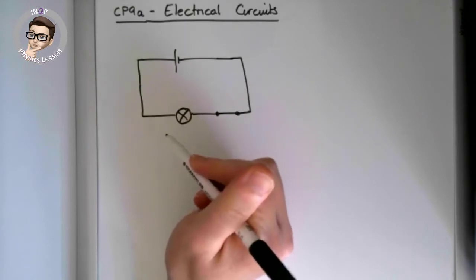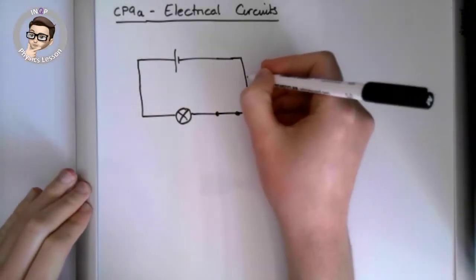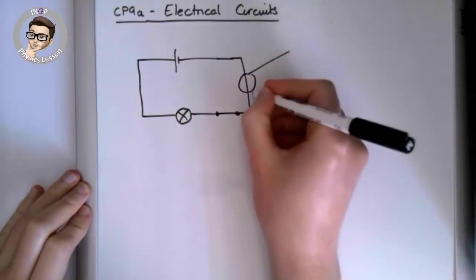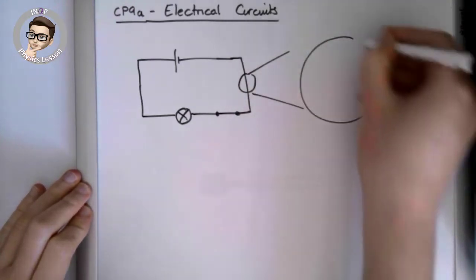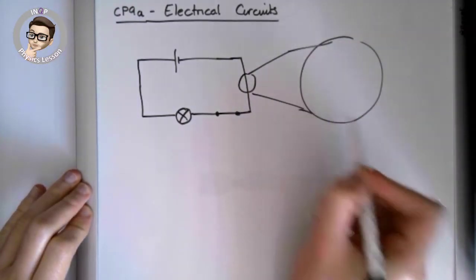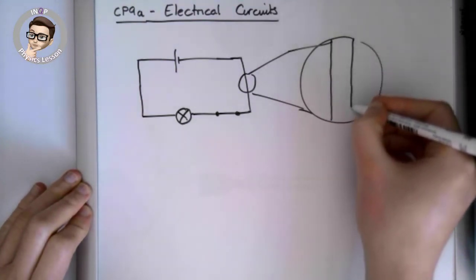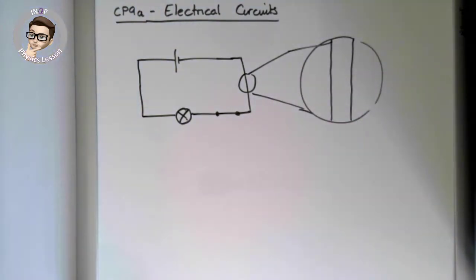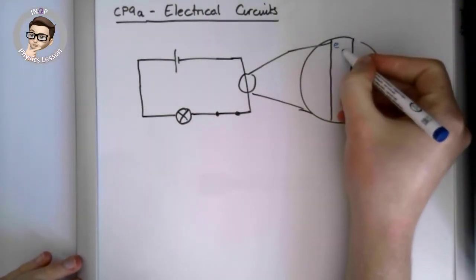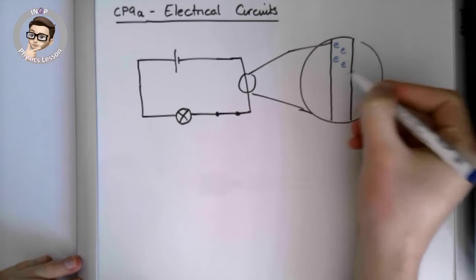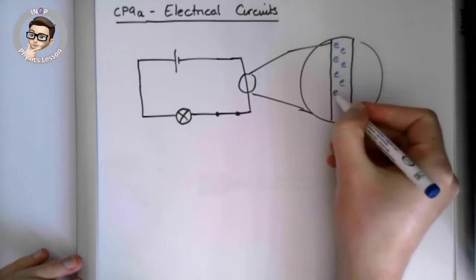Now, if I was to zoom in to this wire here, let's make a little zoomed picture for you. This is before we've done anything else. Inside of this wire, there are lots of free electrons. Here are my electrons in the wire.